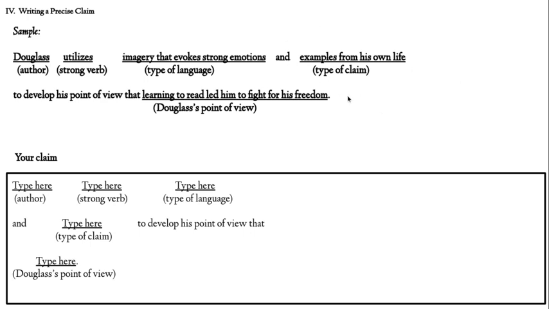So again, yes, it does. And does my claim connect back to the prompt by explaining Douglas's point of view? Yes, it does. It talks about how his point of view is learning to read led him to fight for his freedom.